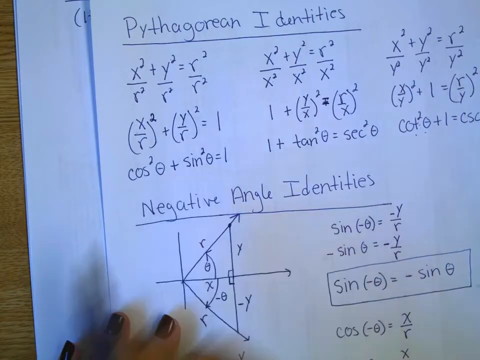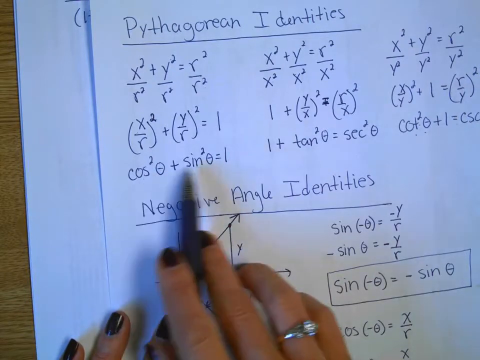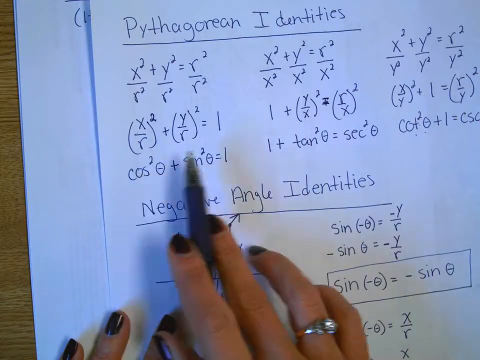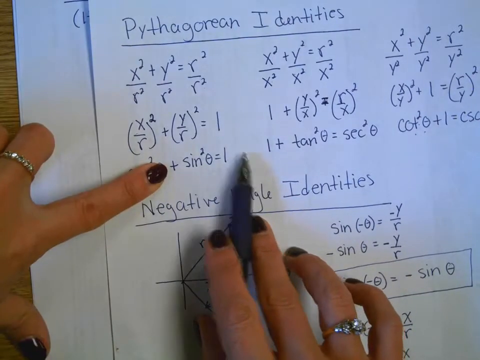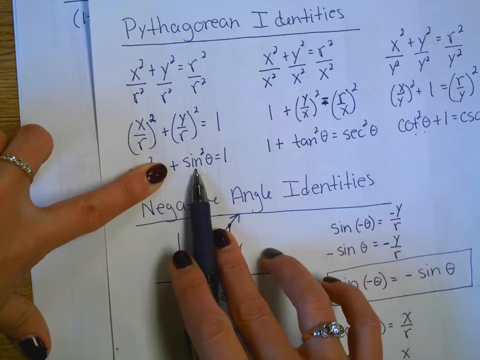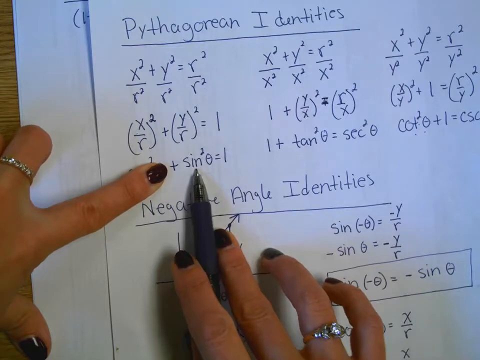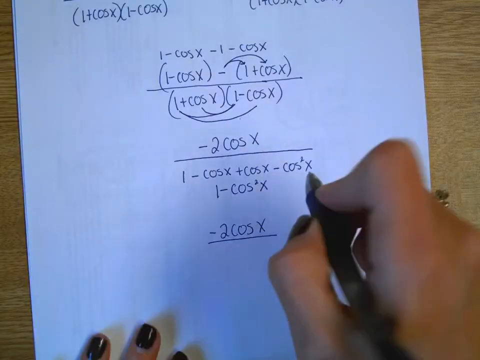Can you rearrange this to say 1 minus cosine squared? If you can, what does it equal? Sine squared. Yes. I'm going to subtract the cosine squared, I'll have 1 minus cosine squared. That's gone. What is 1 minus cosine squared going to equal? Sine squared. So that denominator is actually sine squared x.